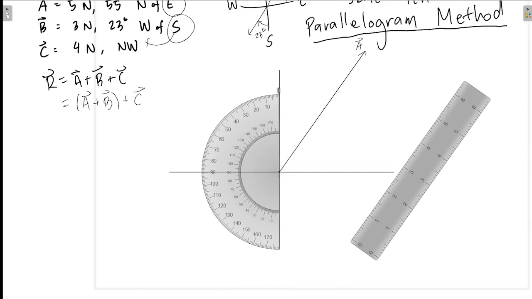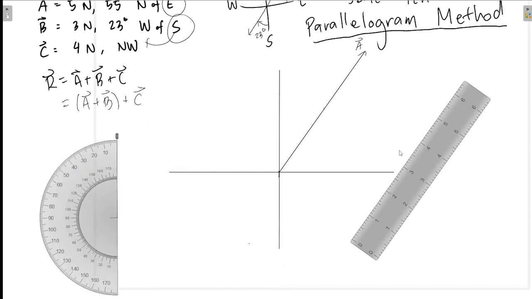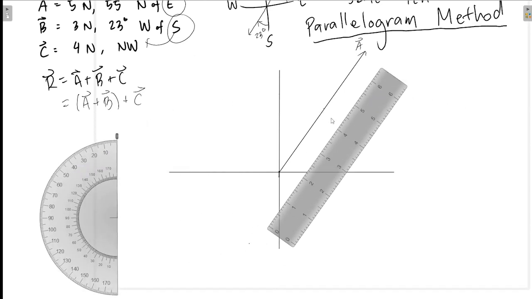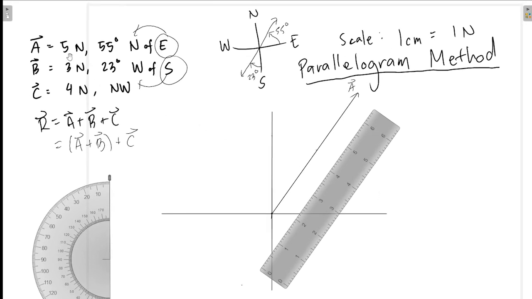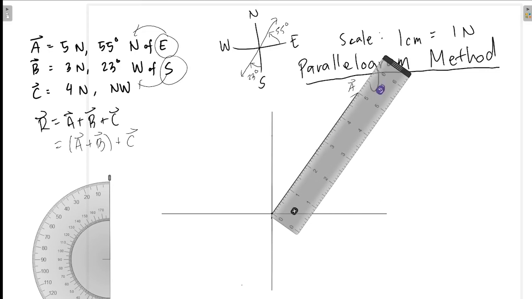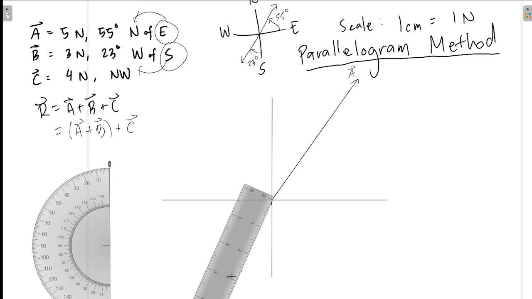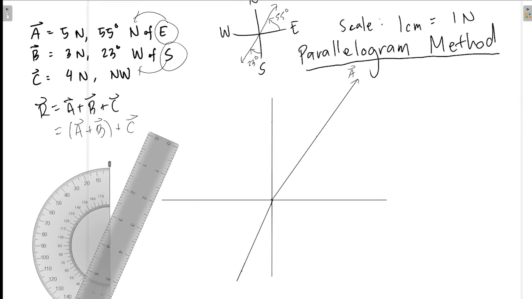And using our ruler, let us draw our vector B. Now, the magnitude of vector B is 3 newtons. So sa ating drawing, that is equivalent to 3 centimeters. Okay, that is 3 centimeters. Let's draw an arrowhead, and this is now our vector B. Okay, so that is our vector.